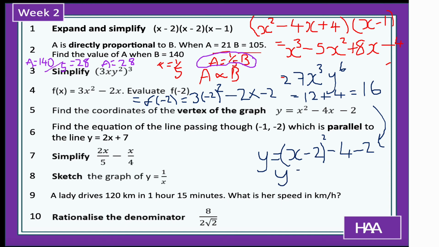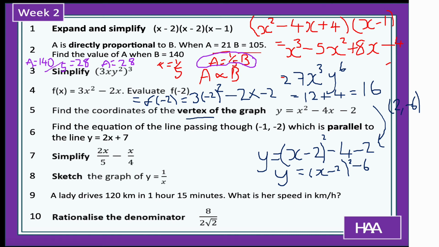Tidying that up, I'm going to get y is equal to x minus 2 all squared. Minus 4 minus 2 goes to minus 6. So the coordinates of my vertex, which is the turning point, is (2, minus 6).